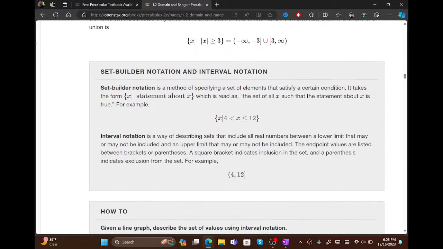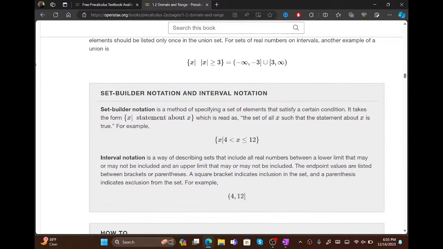So yeah, set builder notation. It says set builder notation is a method of specifying a set of elements that satisfy a certain condition. It takes the form of the set of x such that, and then whatever statement is said about x, which is read as the set of all x such that the statement about x is true. For example, x such that 4 is less than x is less than or equal to 12.